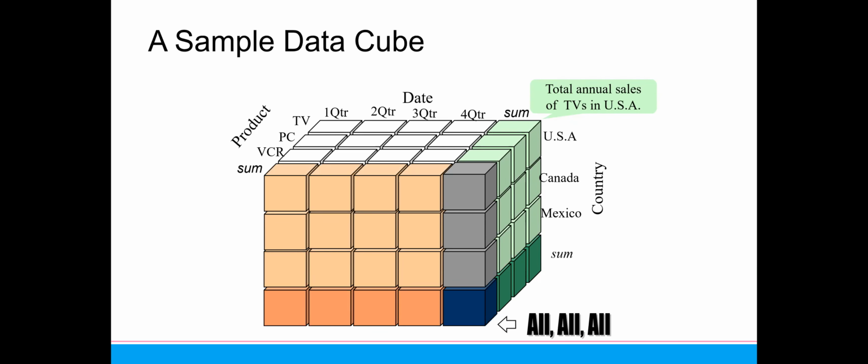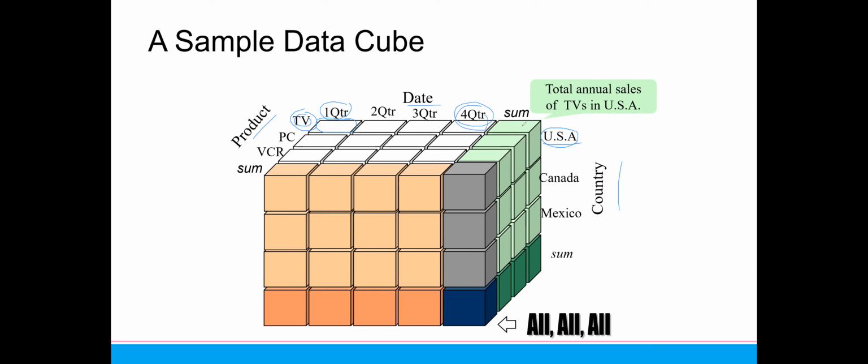So this is a sample of a data cube. In the data cube, we have the product, date, and country. This data represents the data from USA in the first quarter, and the product is TV. This data refers to the product from USA in the fourth quarter, and the product is TV.